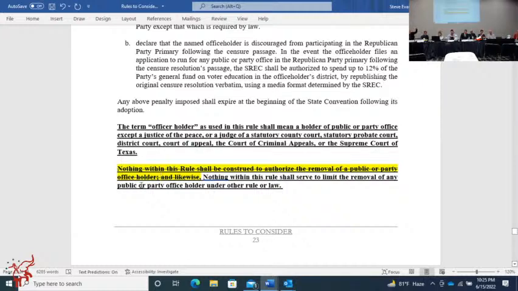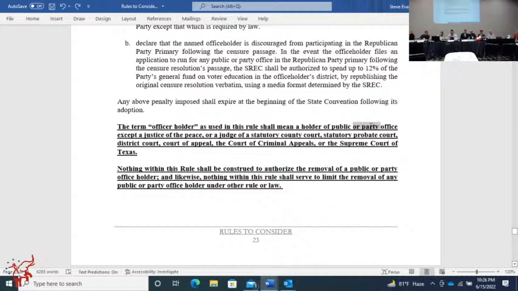I have an amendment, Mr. Chairman. Let me get the language back here. Okay. State your amendment. My amendment would be on the first line to strike party. Or party, I'm sorry. Where it says, term of the office holder as used as rule shall mean a holder of public, strike, or party office.